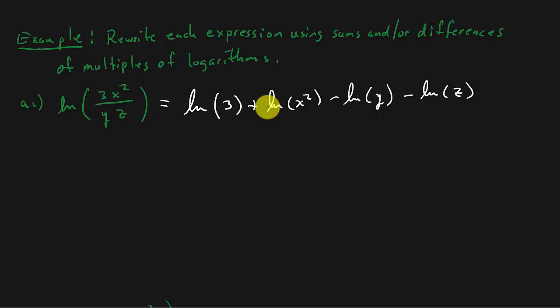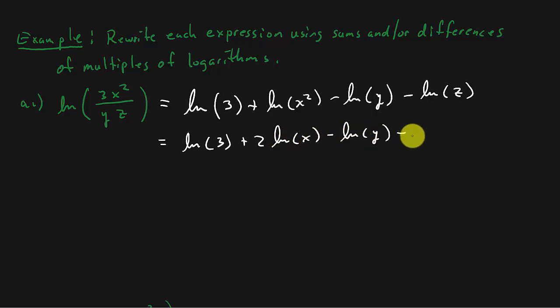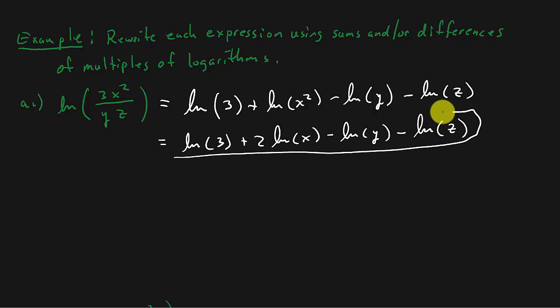When they want you to express using sums or differences, or they want you to expand, you might see the direction say expand the logarithm. They don't want any exponents in here. So this is going to be natural log 3 plus 2 natural log x minus natural log y minus natural log z. And this is your answer.